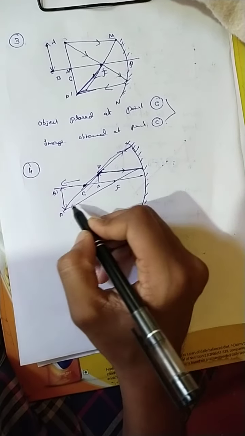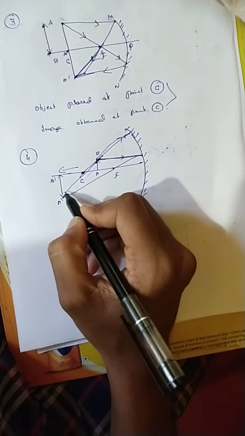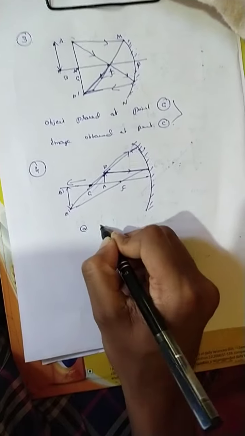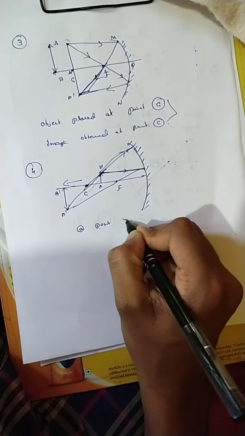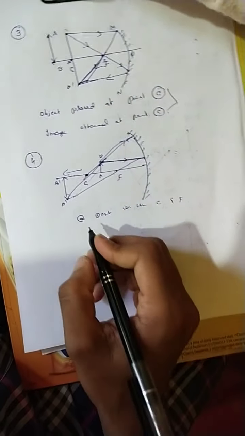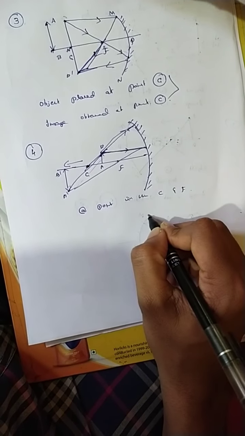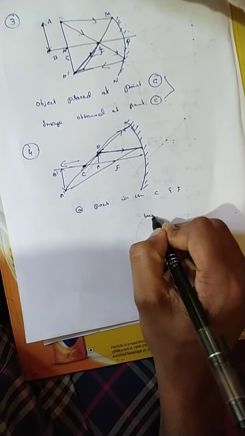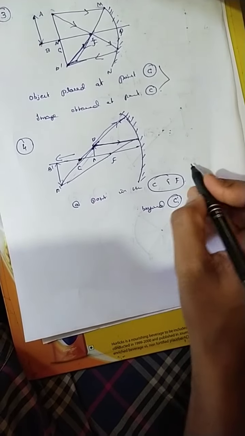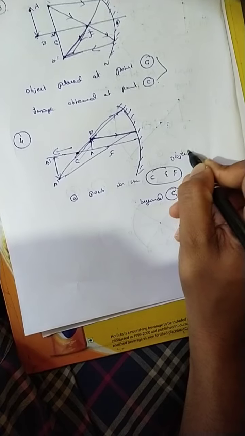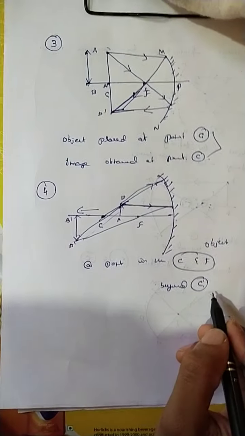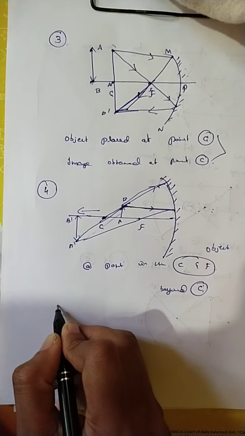Both the rays join at a point beyond C. So the object is placed between C and F, and the image is obtained beyond C. Right.